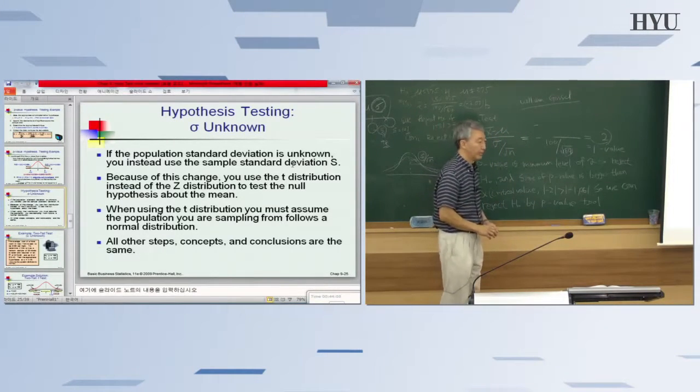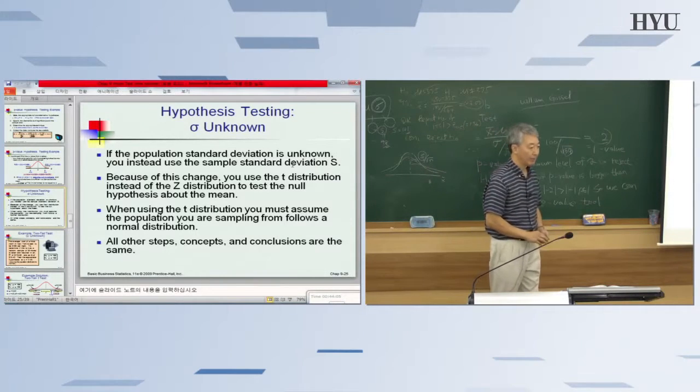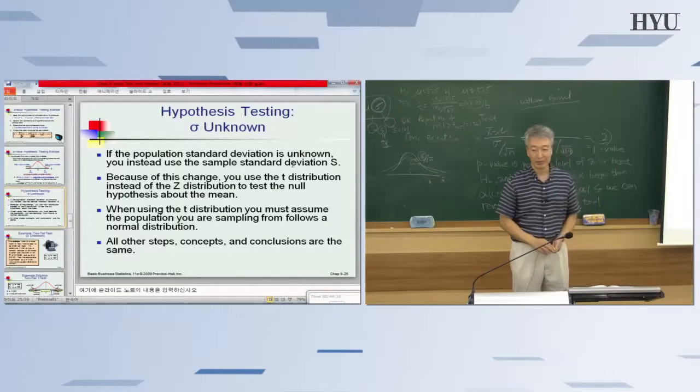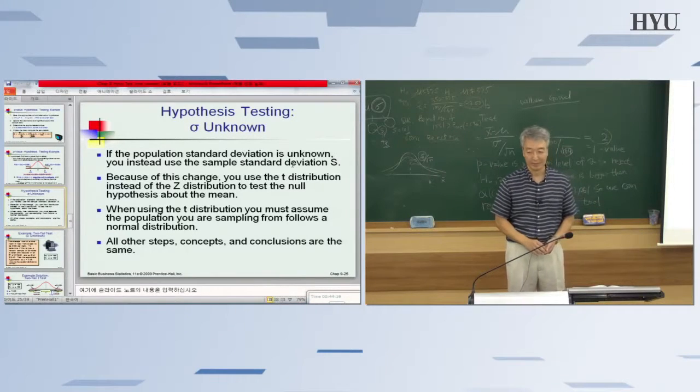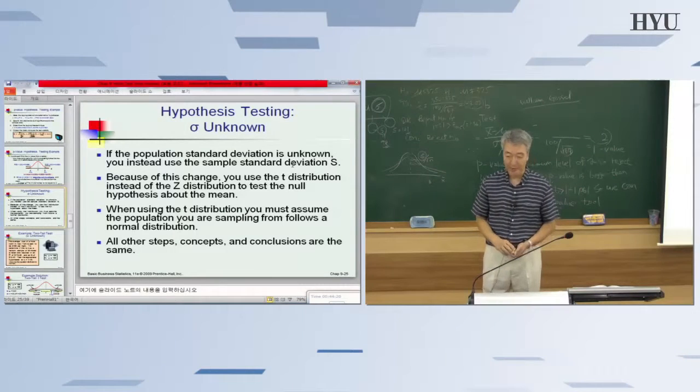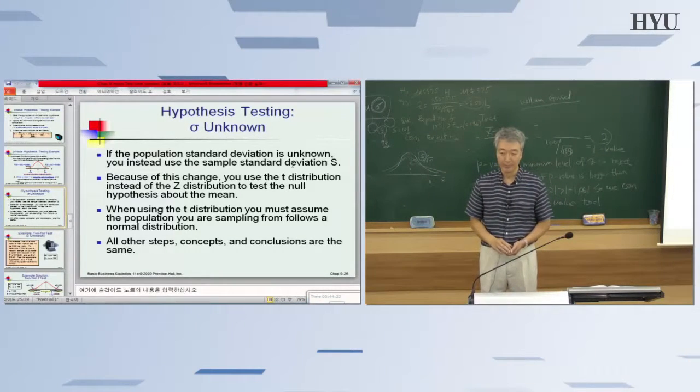Anyway, he was working in the Guinness Brewery, and apparently he had a lot of time on his hands. Maybe his job was just watching the beer brew, mature. Anyway, he introduced what we call the T distribution.